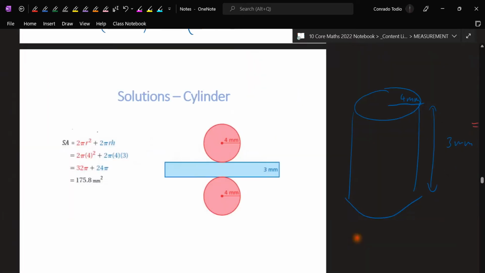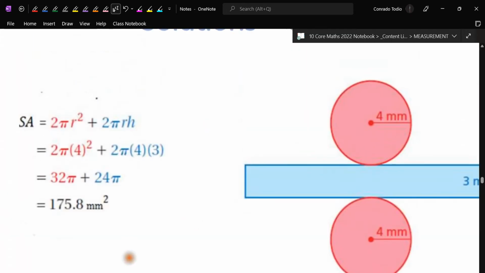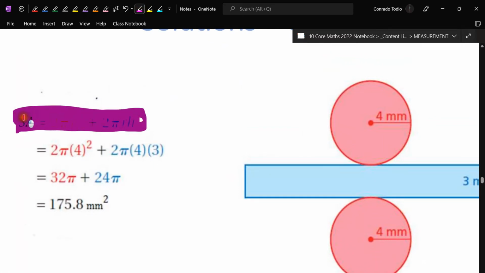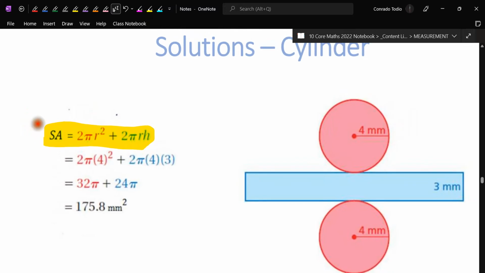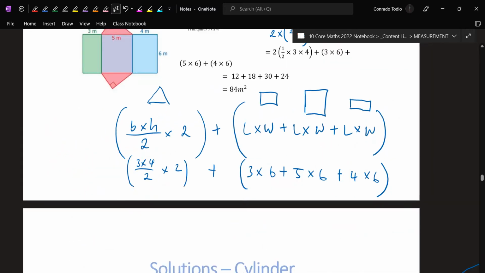Essentially, highlight this because this is what you'll use. Highlight that formula for your cylinder. Okay, that's the cylinder formula. So there are 3 formulas that you can use here.